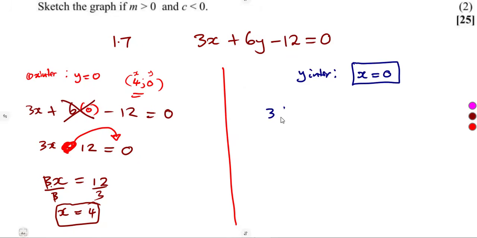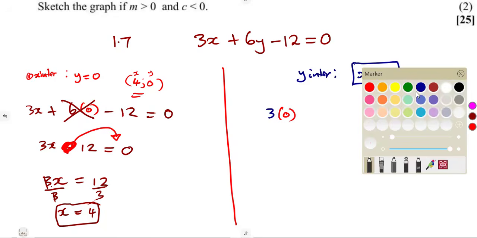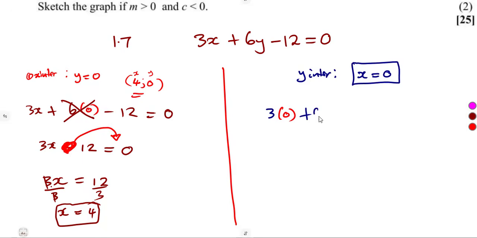So that's 3 times the value of x, which is 0, right? So 3 times 0, okay? That's the x value, plus 6y minus 12 is equal to 0. Everything remains as it is. As we can see, 3 times 0, guys, was going to give us a 0. So this one cancels. We remain with positive 6y, which is 6y minus 12 is equal to 0.